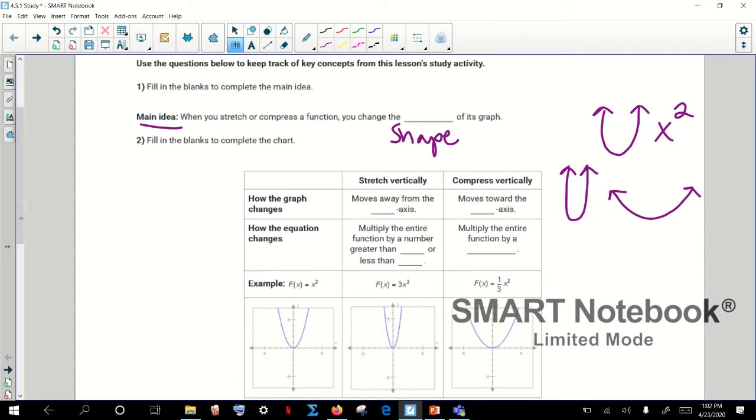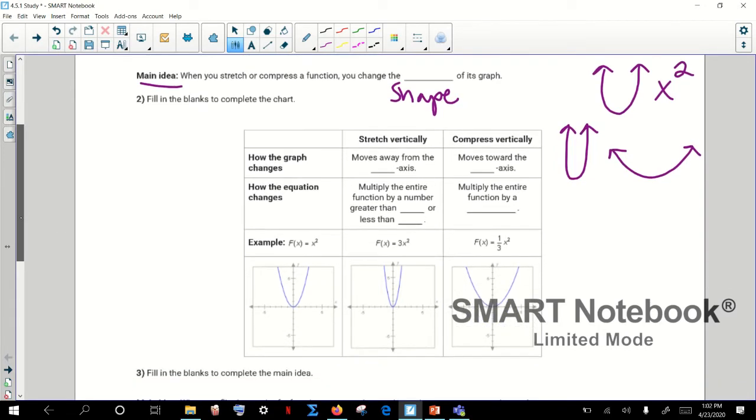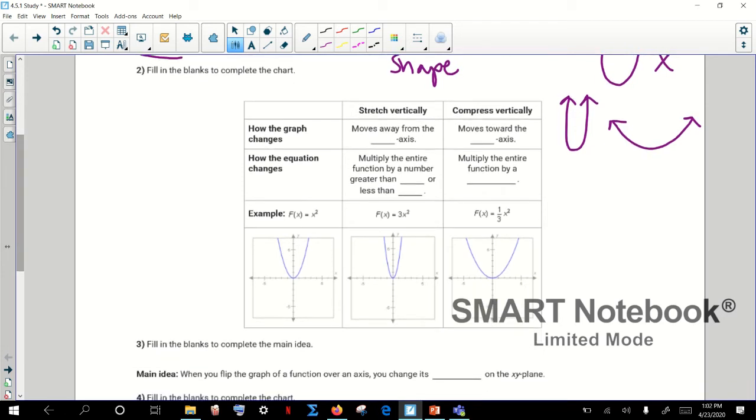So now let's look at some more details when it comes to stretching and compressing. When we stretch vertically, the graph moves away from the x-axis. So when we're stretching vertically, it's going towards the y-axis and further away from the x-axis, right?